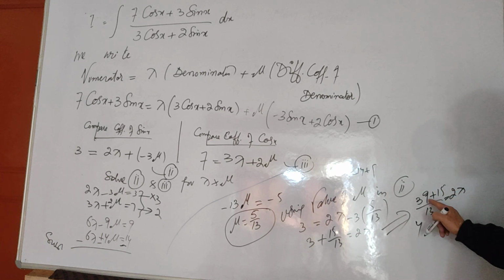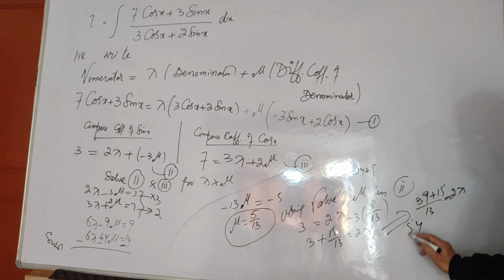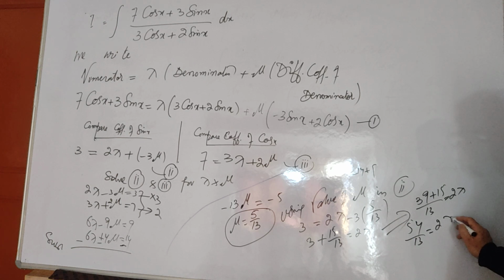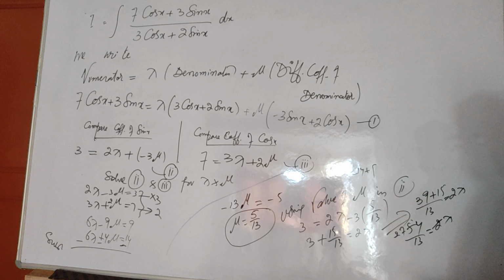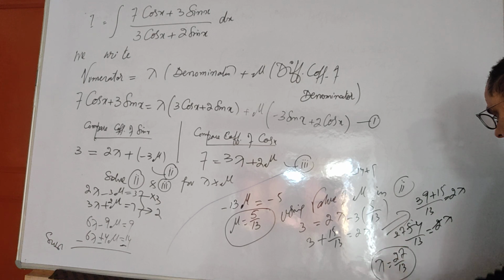Add this: 9 plus 5 is 14, 1 carries. 54 by 13 is equal to 2 lambda. You can take the cancellation here: 2 2s are 4, 2 7s are 14. So your lambda is 27 by 13.